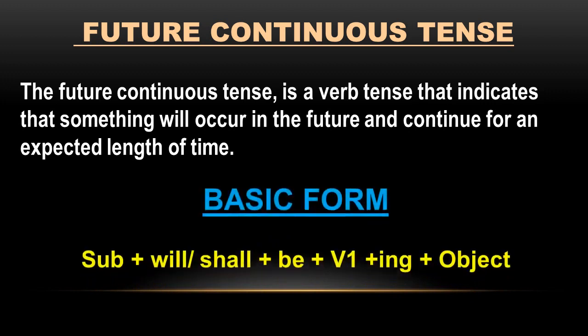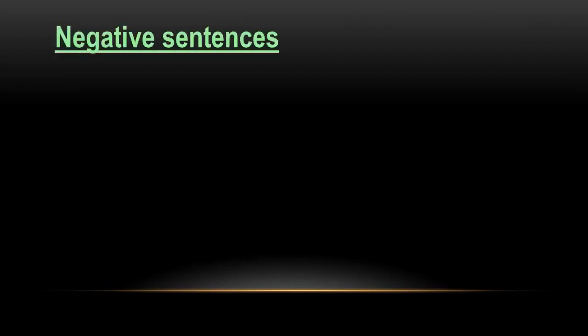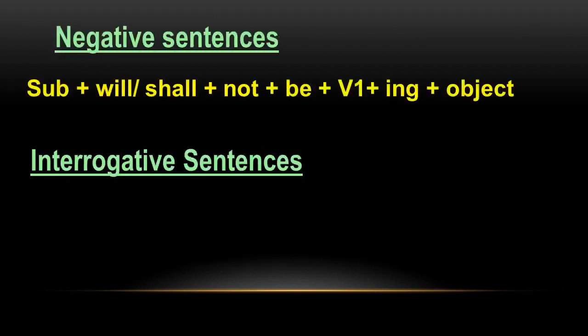Its basic form: subject plus will or shall plus be plus first form of the verb plus ing plus object. For negative: subject plus will or shall plus not plus be plus first form of the verb plus ing plus object.